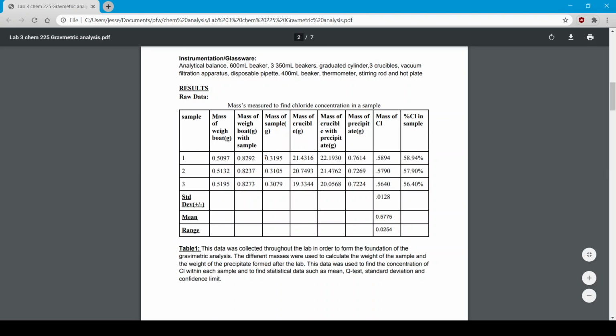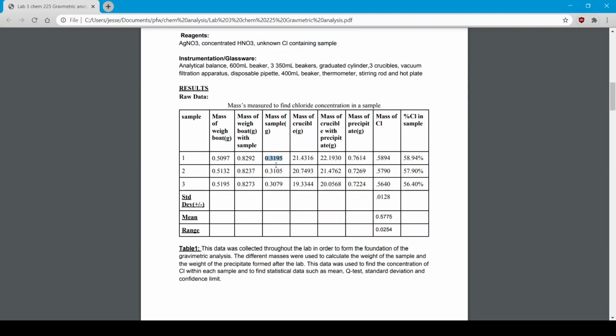As you can see, my target mass was around 0.3 grams of my sample. So I weighed as close as I could get to 0.3 grams every time. You measure the weigh boat, add the substance in, measure that, take the difference, and get as close as I can to 0.3 grams.